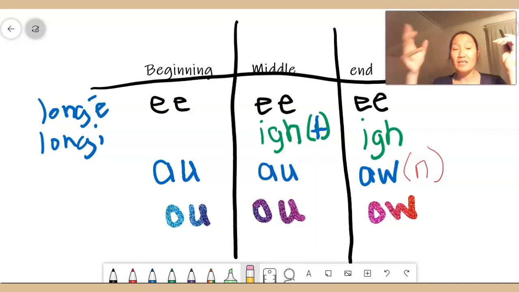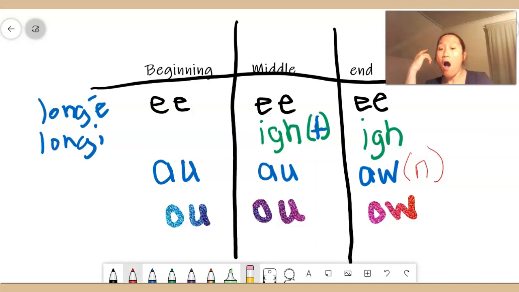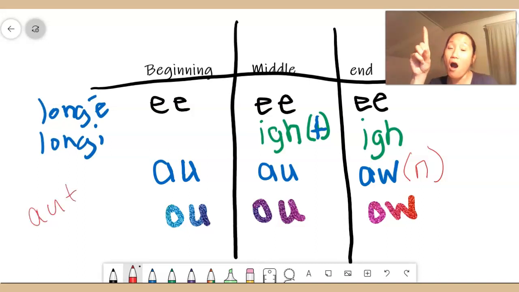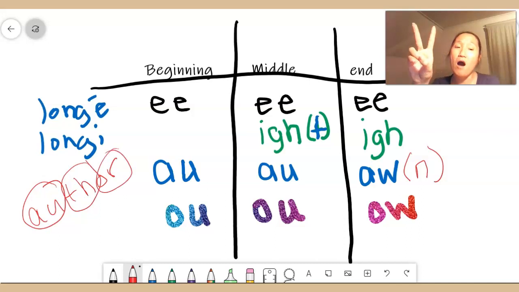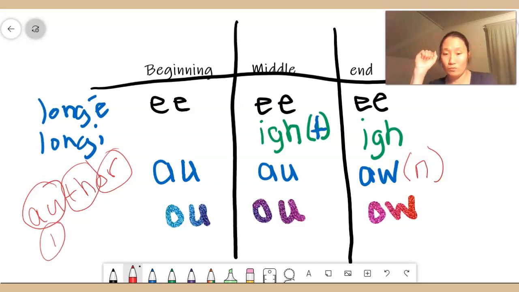So this one, aw, if it's in the beginning, like author, aw. Three sounds, beginning. So that's going to be AU.